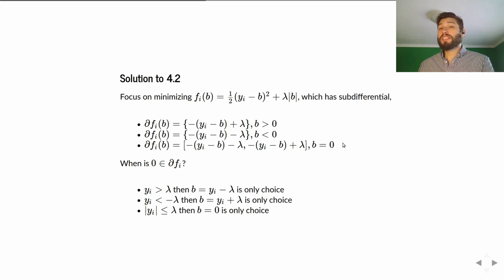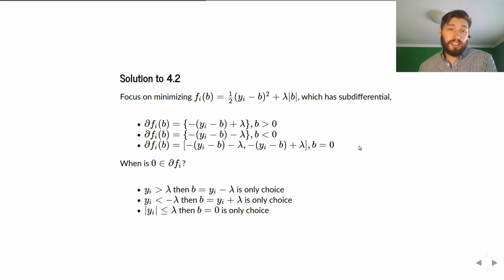But if b is 0, we still have the same term, but now the subdifferential spans from minus 1 to 1. So we have minus lambda to plus lambda when b is 0. So that's the entire subdifferential.